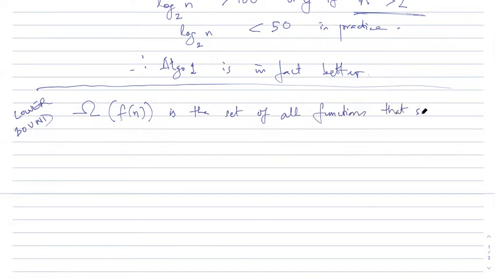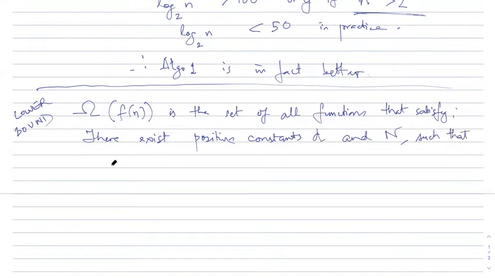that satisfy the following. There exist positive constants d and capital N such that for all n greater than or equal to capital N, T of n is going to be d times f of n.